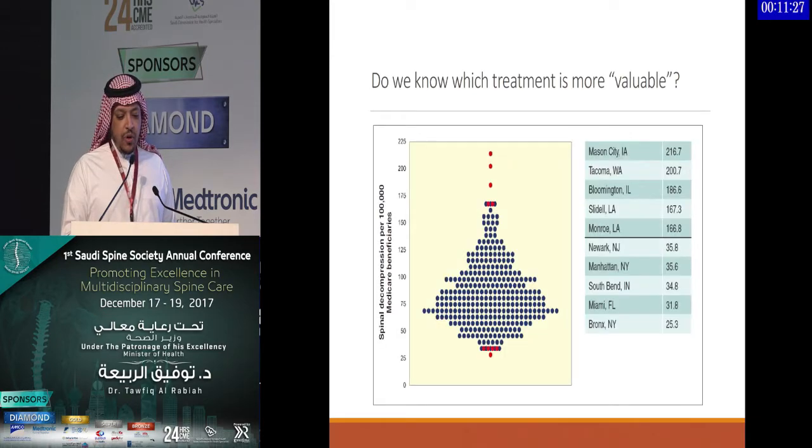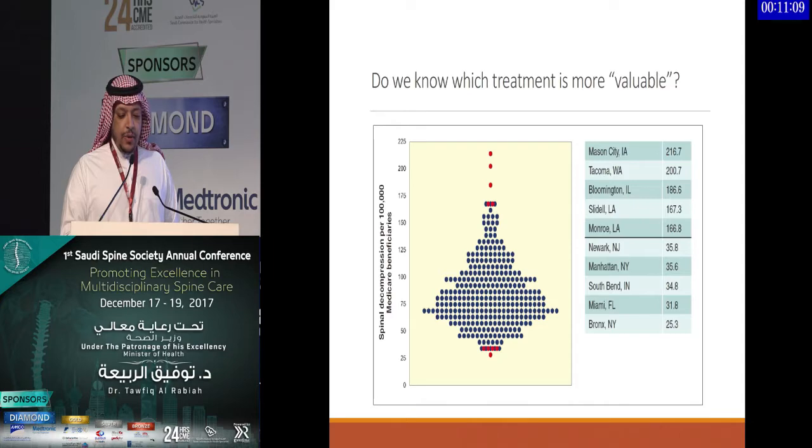It becomes even more complicated if you look at variations in the use of each one of these two interventions. This is again data from CMS, Medicare in the US, through the Dartmouth Atlas of clinical variations.